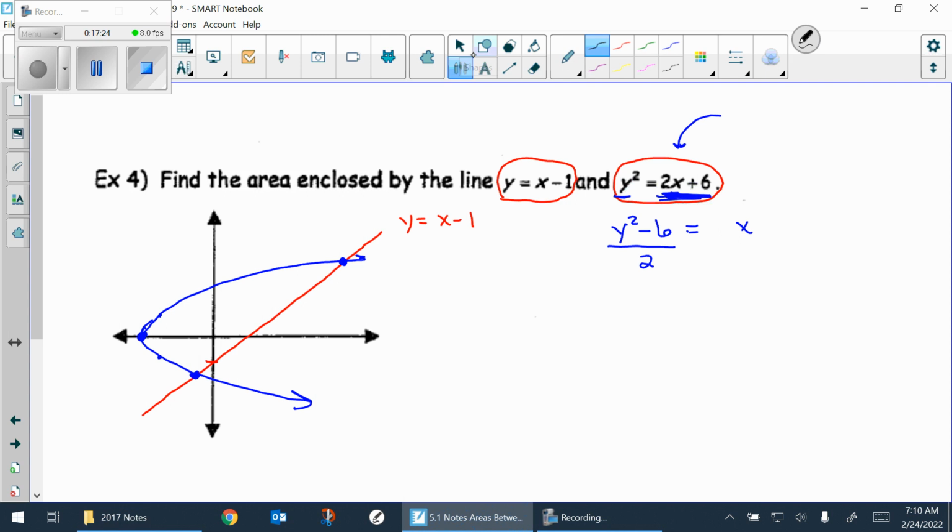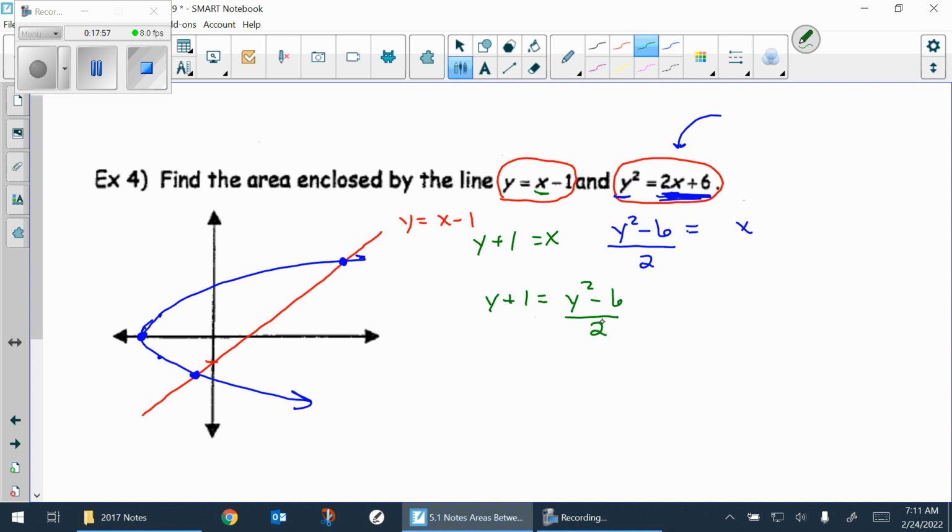And over here, solving for x is pretty easy. I've got x equals y plus 1. And where do those things intersect? Well, that's a good question. Where does y plus 1 equal y squared minus 6 over 2?